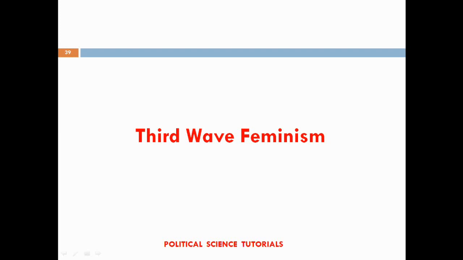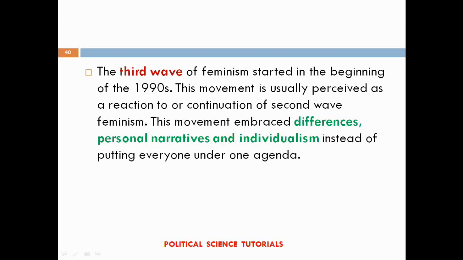As a continuation of the second wave and to address the differences of different types of issues relating to different areas, the third wave of feminism started in the beginning of the 1990s. This movement embraced differences, personal narratives and individualism instead of putting everyone under one agenda.